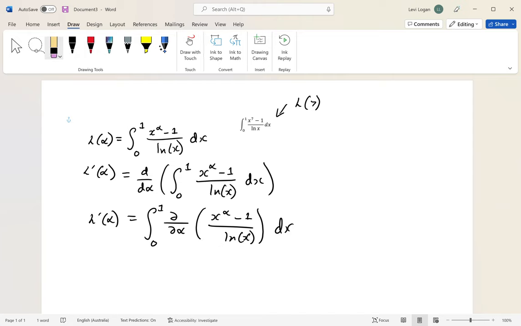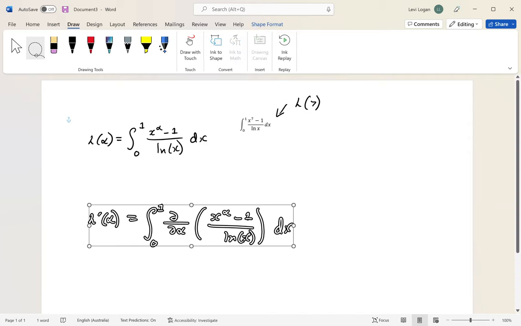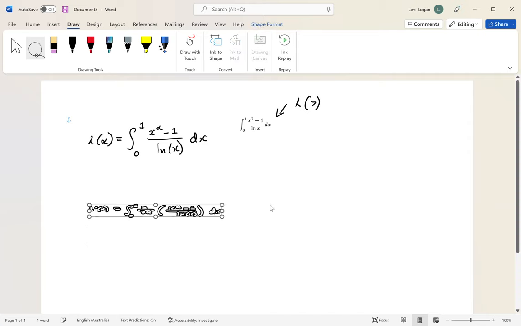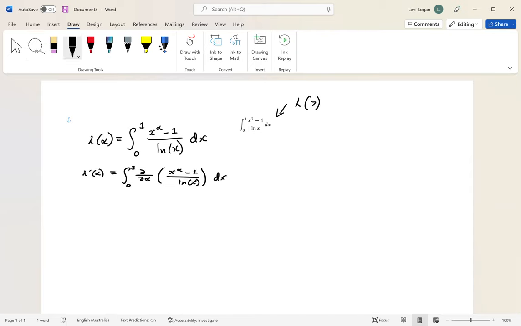I'm just going to rub out some of the stuff up here and move some stuff around. Hopefully you can still read that.